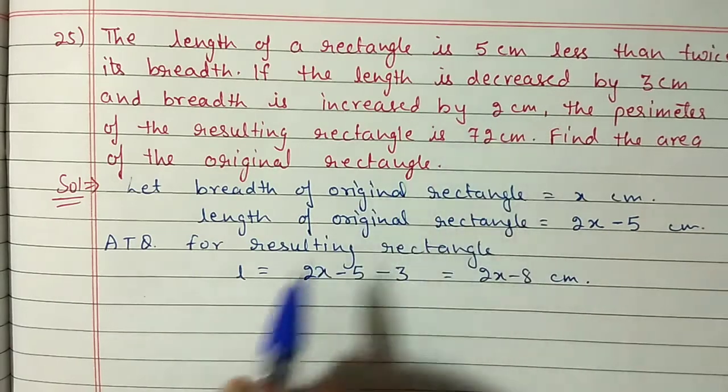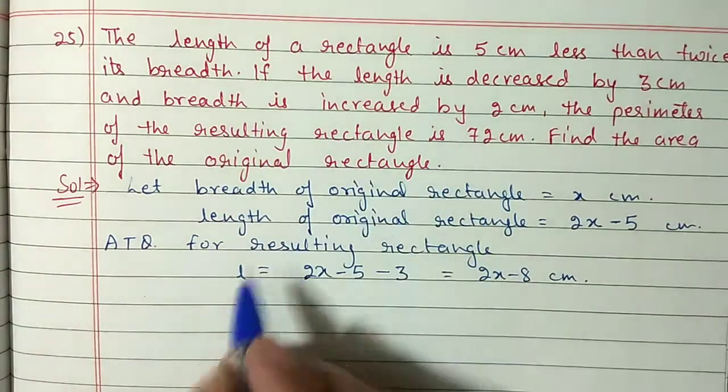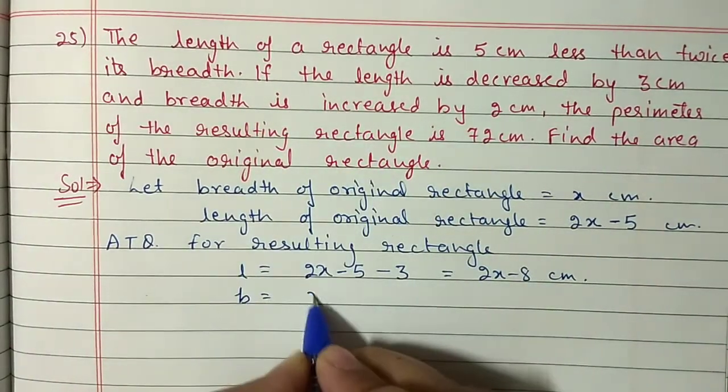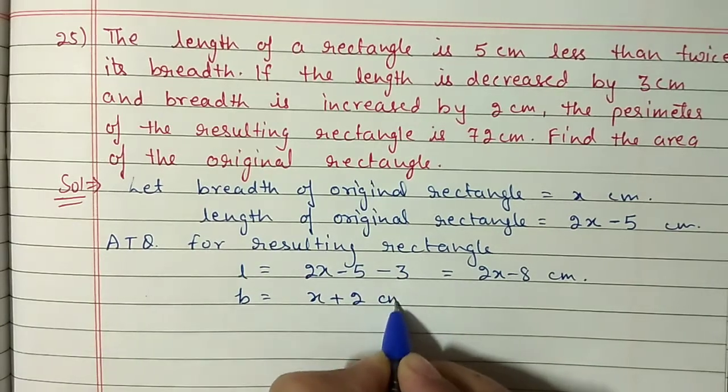Decrease means we have to subtract. And the breadth is increased by 2, so the breadth will be x plus 2 centimeters.